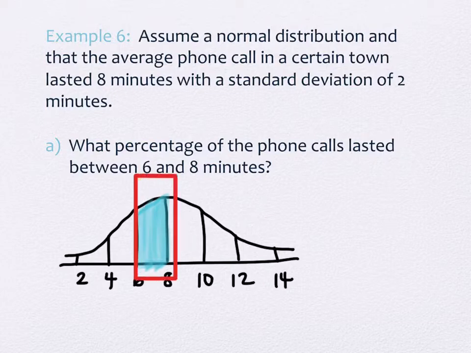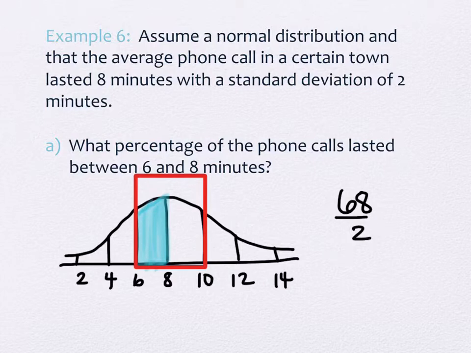Between 6 and 10 would be 68. Yeah. So all of that would be 68, right? So you're totally in the right place to start, Kira. 68 is where we want to begin, but we need to recognize, like Hannah said, that it is actually only half of that because I'm from the mean over to the left and not to the right. And so if I take my 68 divided by 2, I would have 34% of my data.